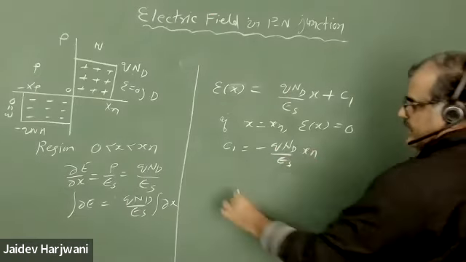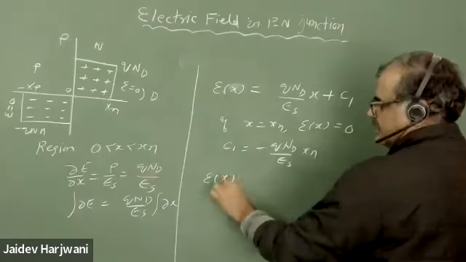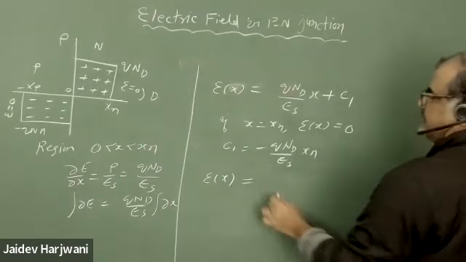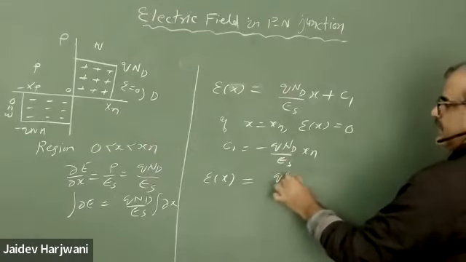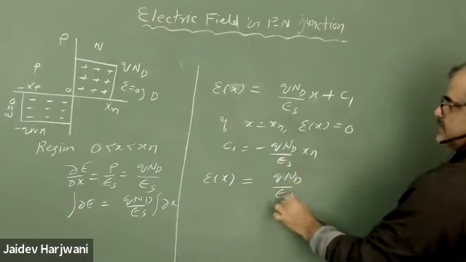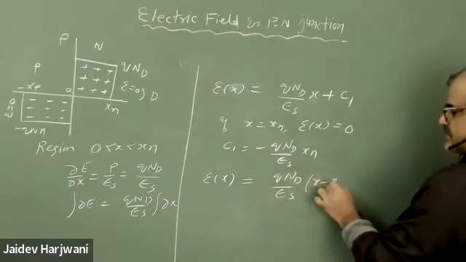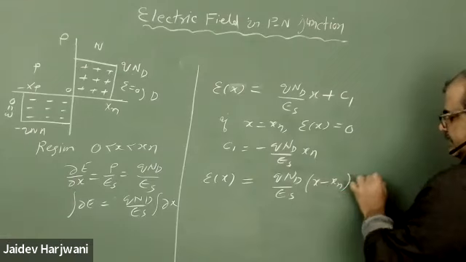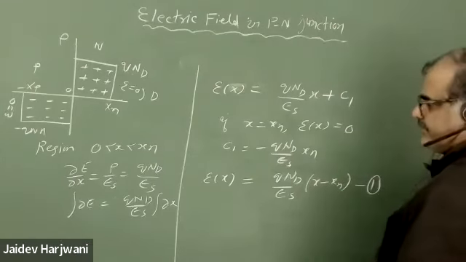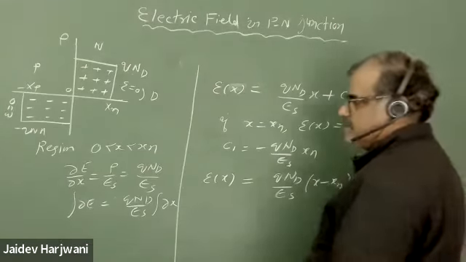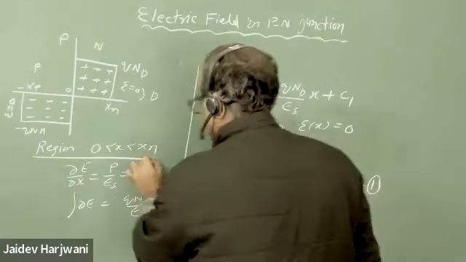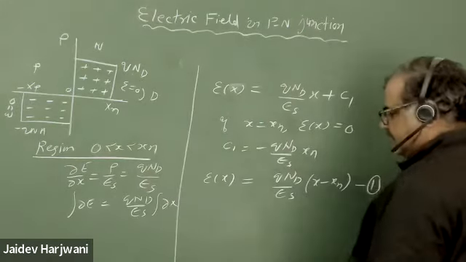So now my electric field in this region becomes qN_D upon epsilon_s times (x minus x_n). This is the electric field in the region 0 to x_n.